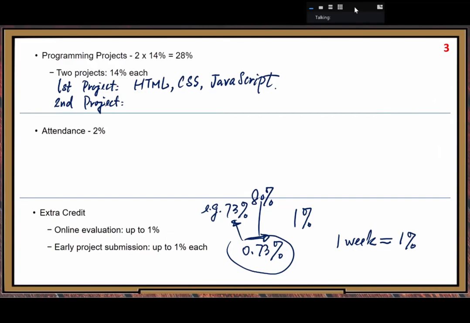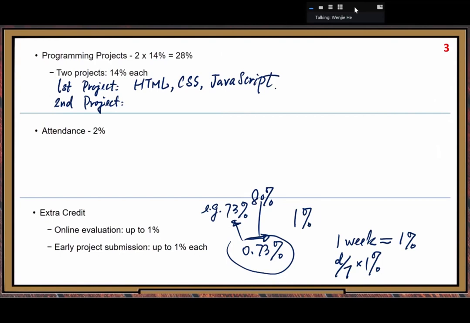If D days earlier, with D less than 7, I give you D sevenths of 1%. Six days, 6/7 of 1%.